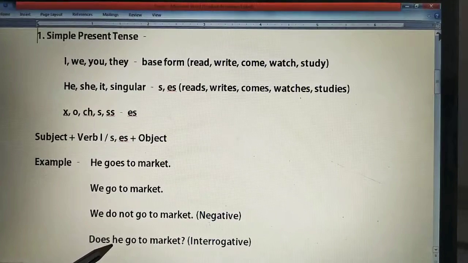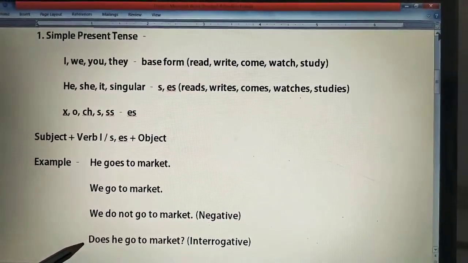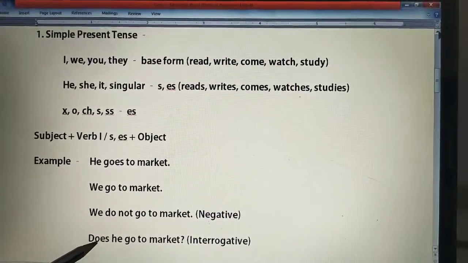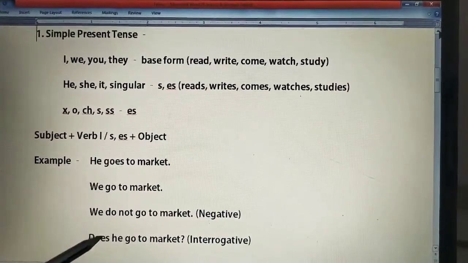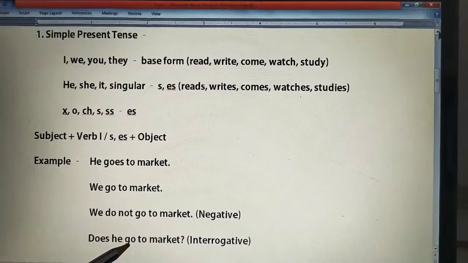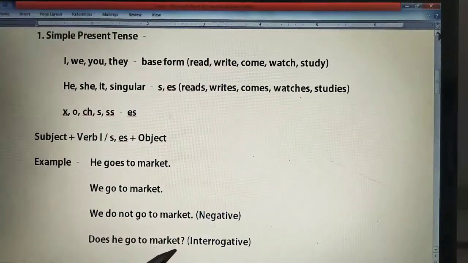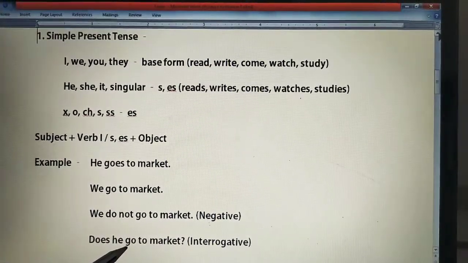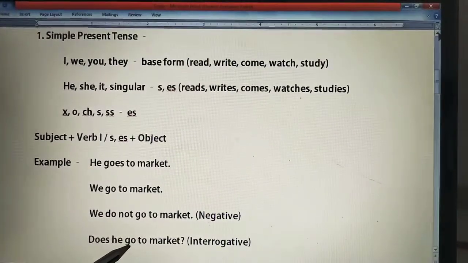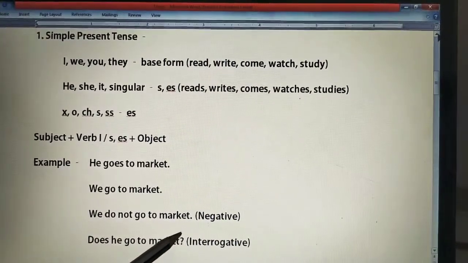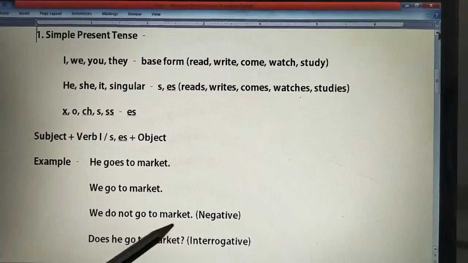He is a third person singular subject, that's why we have used does. And since we have used does here, we will use only the base form of the verb, go to market. Then we will put a question mark.